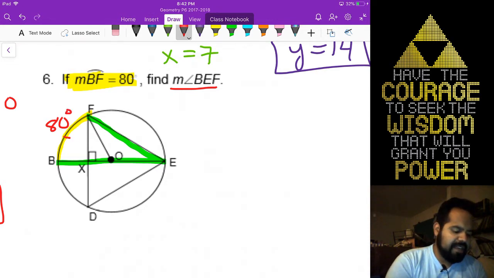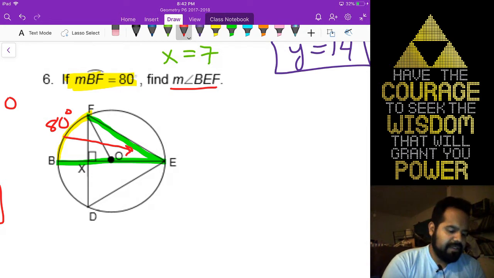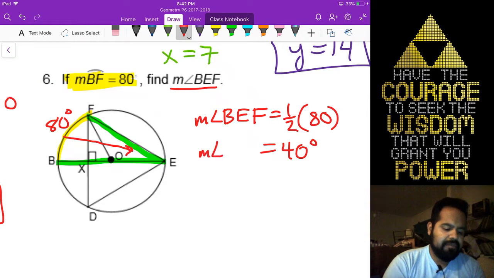I think this is the ice cream and we're looking into the cone. So the measure of angle BEF is simply going to be 1/2 the measure of that arc, which is going to be 80. So therefore we have 40 degrees. Sweet.